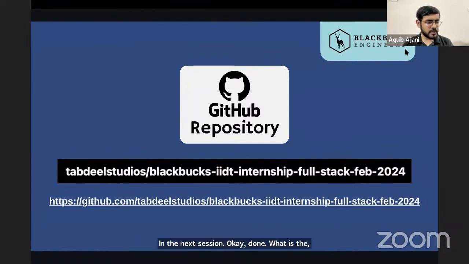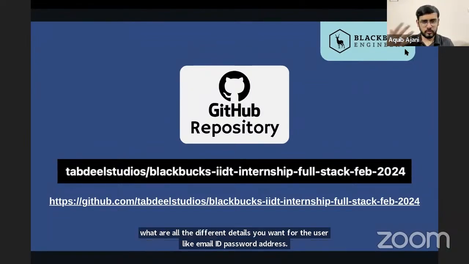So Ganeshwari, DB schema basically is like a table that you create for all the different data items that your project will have. For example, let us say that you're making an e-commerce website, then your schema could contain, let's say, user. What are all the different details you want for the user, like email ID, password, address, phone number, profile photo?